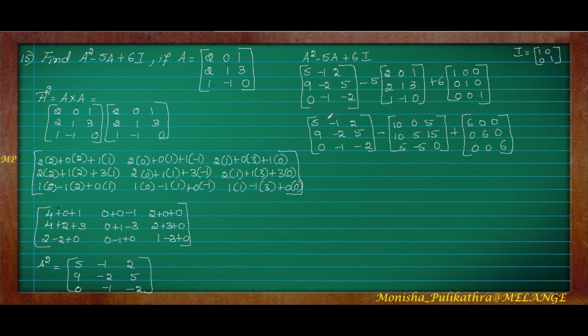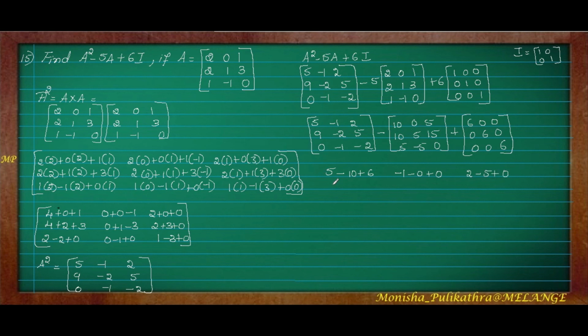First element with the first corresponding element. So it will become 5 minus 10 plus 6. In the same way minus 1 minus 1 minus 0 and plus 0. So next is 2 minus 5 plus 0. So first row is finished.